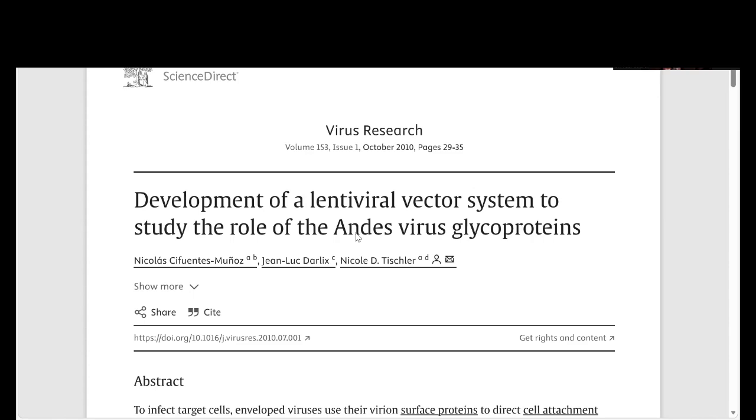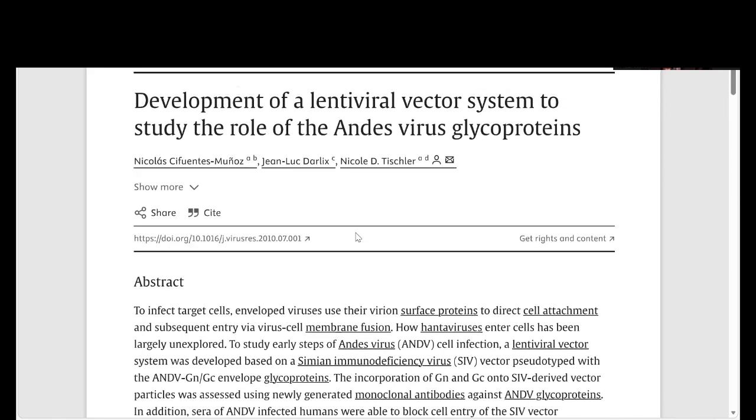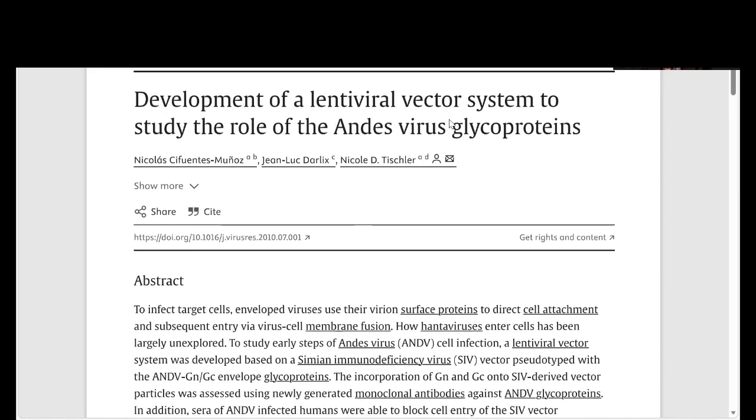And that the Andes virus can be clathrin dependent or independent, which is important. So this paper is more focused on building this lentiviral vector system.